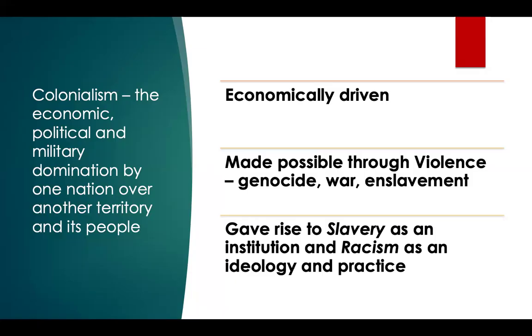European conquest and colonial rule were justified through various justifications, including the civilizing mission. The Europeans had to come to the Americas and other places and civilize people because they were portrayed as uncivilized and in need of European governance.